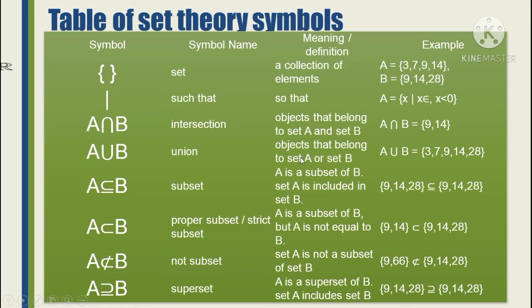Pero kapag union, halimbawa A is equal to 3, 4, pwede lang natin sabihin na B is equal to 3 or 4. Kasi sinasabi dito na or. So, naintindihan? Example nito class, dito, is A union B is equal to 3, 7, 9, 14, 28.